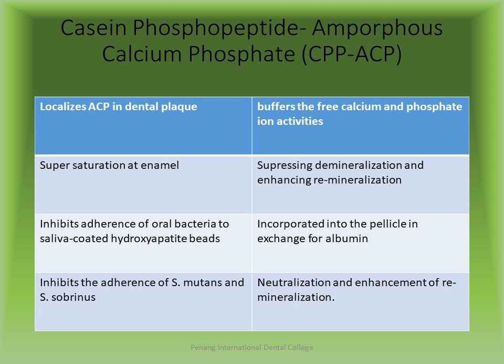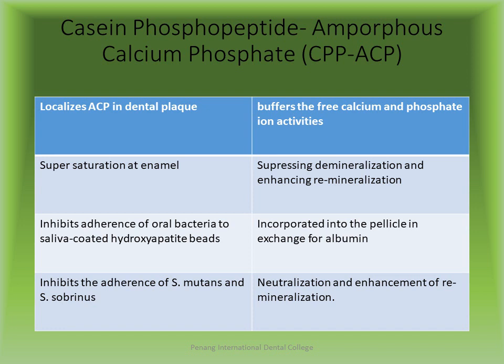Now coming to your CPP ACP, how does it work? Once you apply this tooth mousse, this CPP ACP is popularly distributed as tooth mousse by the company GC. It localizes the ACP in the dental plaque, and this buffers the free calcium and phosphate ions. So it promotes remineralization by promoting the formation of hydroxyapatite again and again.